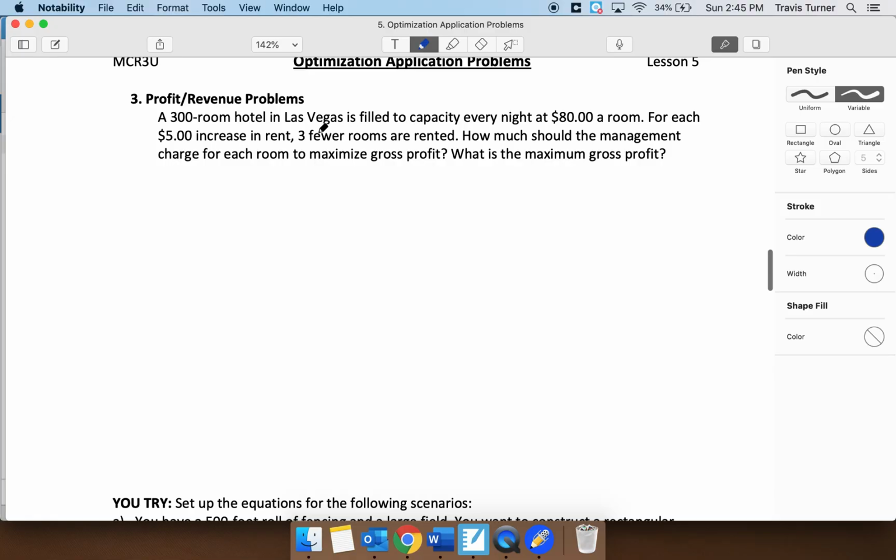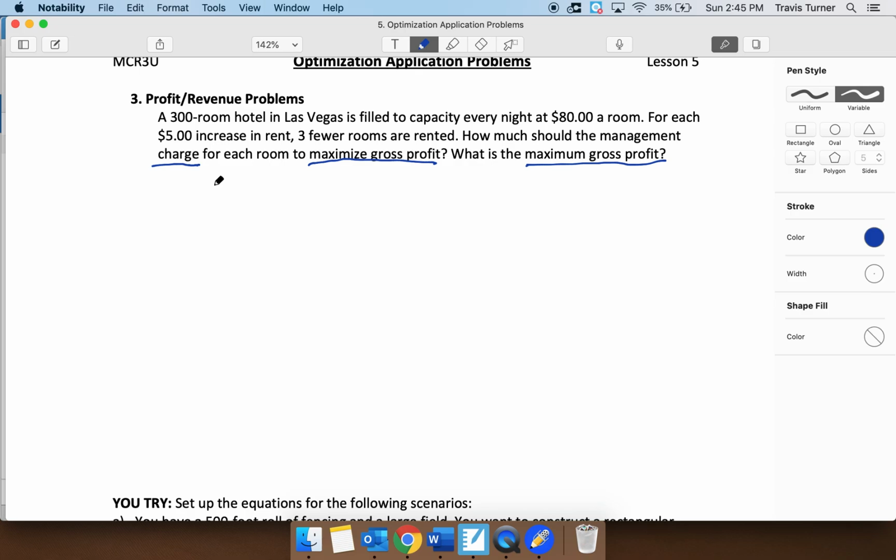So as it goes up, they rent less rooms, but they make more money. So how much should the management charge for each room to maximize the gross profit? And then it says, what is the maximum gross profit? So how much should they charge? So how much do they want to figure out here?